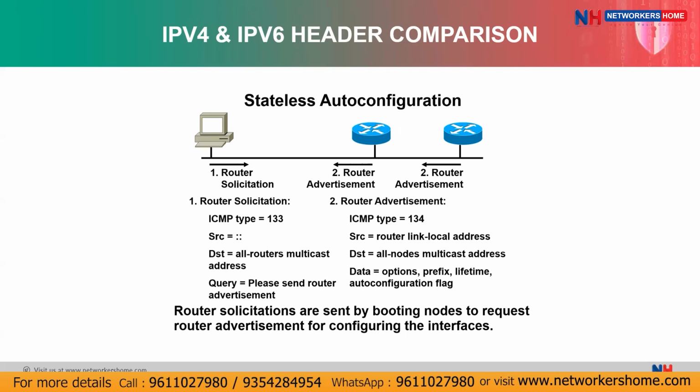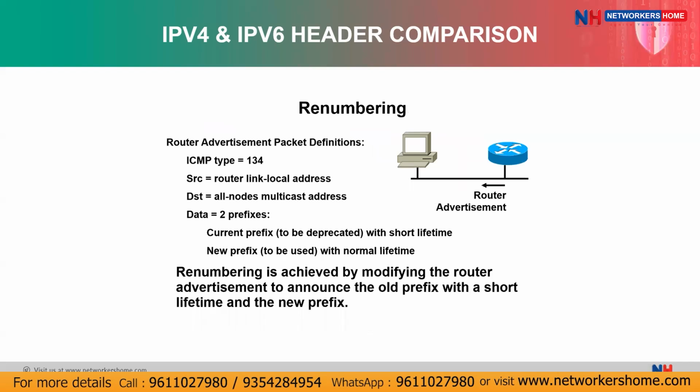What we require is the option IPv6 obtain IP automatically, that is IPv6 address autoconfig default, and based upon that they receive an automatic IP from the server. For the renumbering part, renumbering is achieved by modifying the router advertisement to announce the old prefix with a short lifetime and the new prefix. Suppose we have two servers on a net.